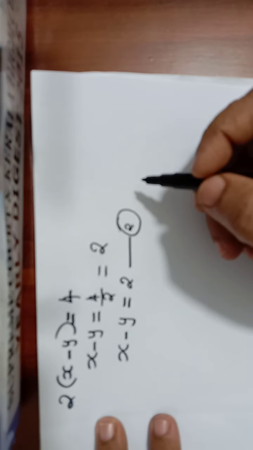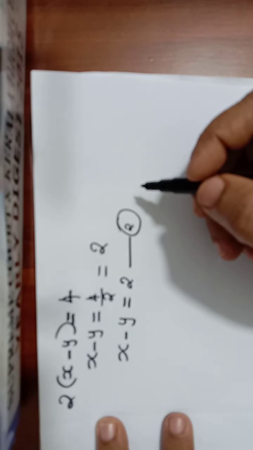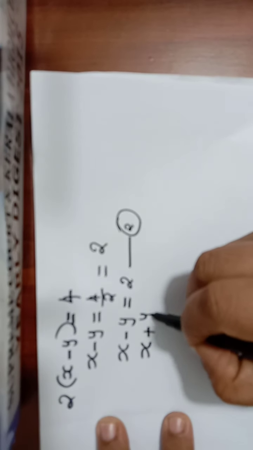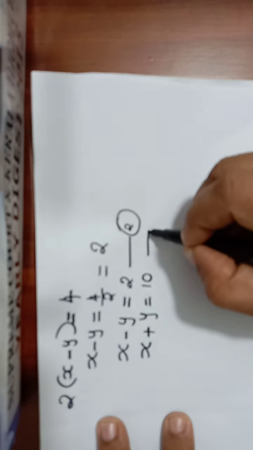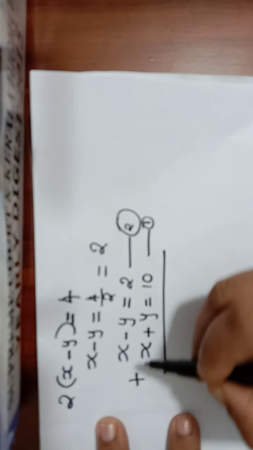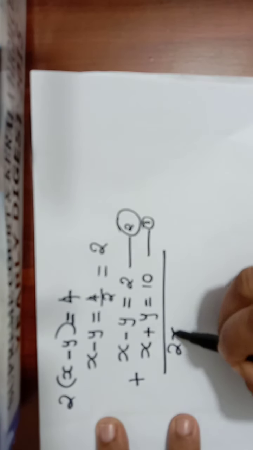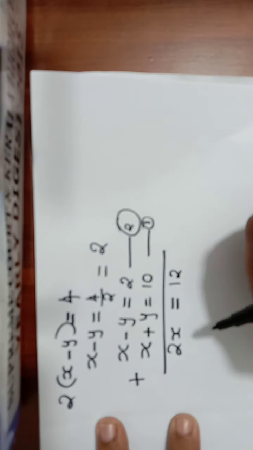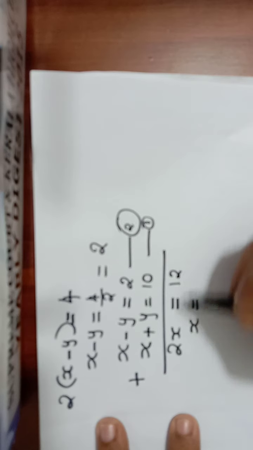So here we have two equations. First equation was x plus y equal to 10. Let us solve this, very easy. So we have 2x is equal to 10 plus 2 is 12. x is equal to 12 by 2.